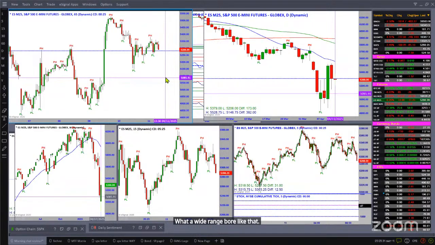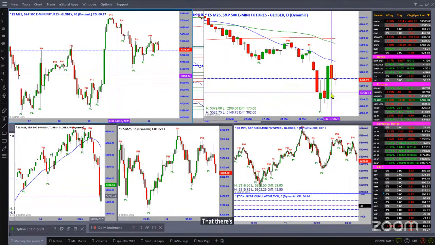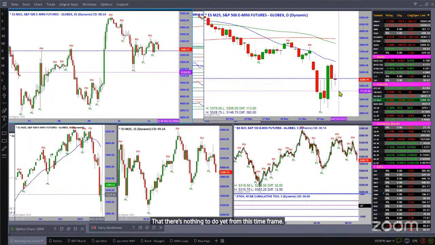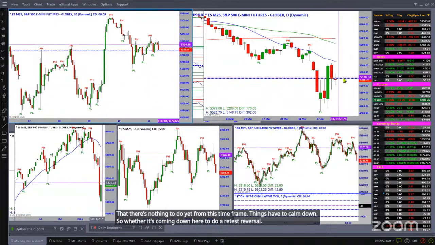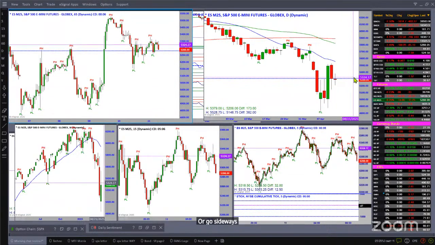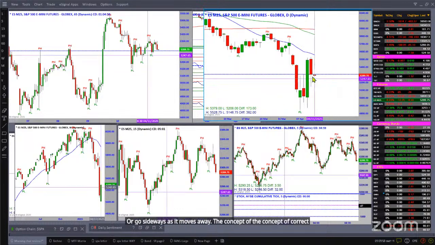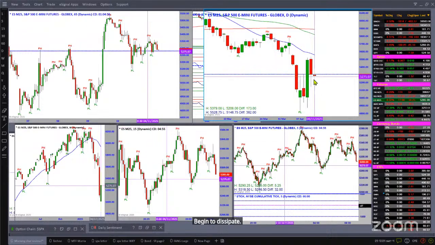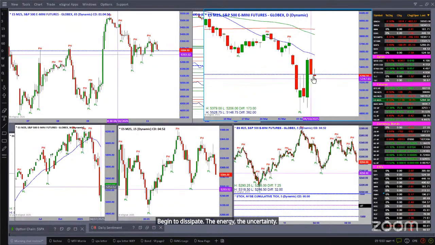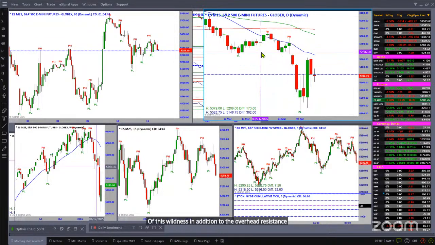But things are so wild, ranges are so large, that there's nothing to do yet from this time frame. Right? Things have to calm down, whether it's coming down here to do a retest reversal or going sideways as it moves away. So the concept of corrections through time begins to dissipate the energy and the uncertainty of this wildness, in addition to the overhead resistance that is directly up above.